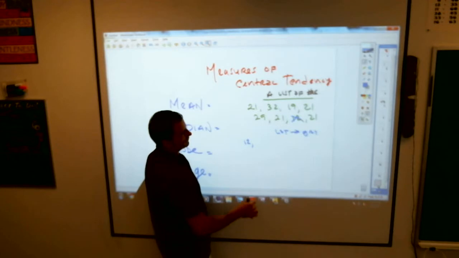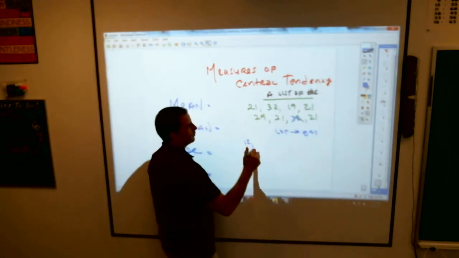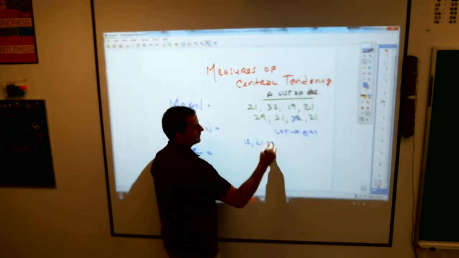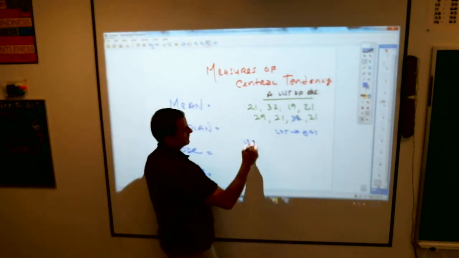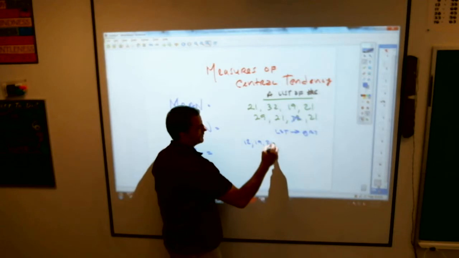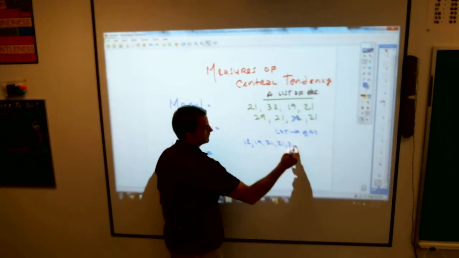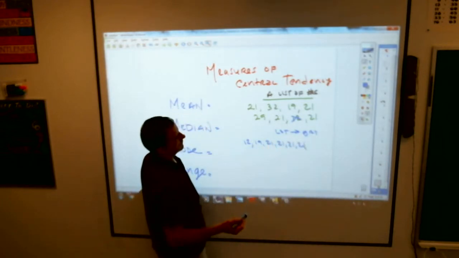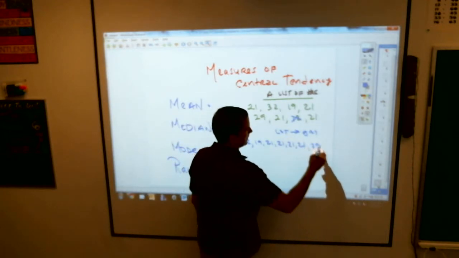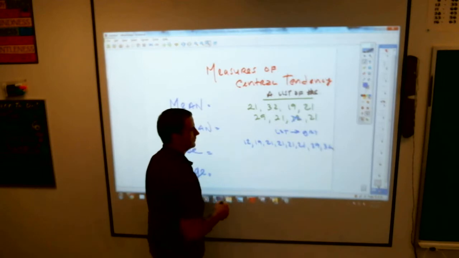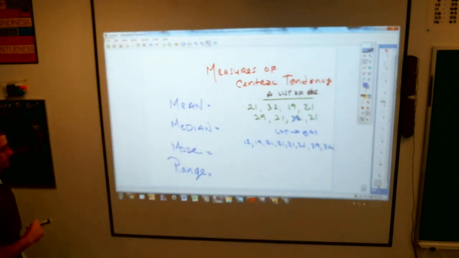We have 12, we have 1, 2, 3, 4 21s. We have 19. 4 21s. We have a 29 and a 32.